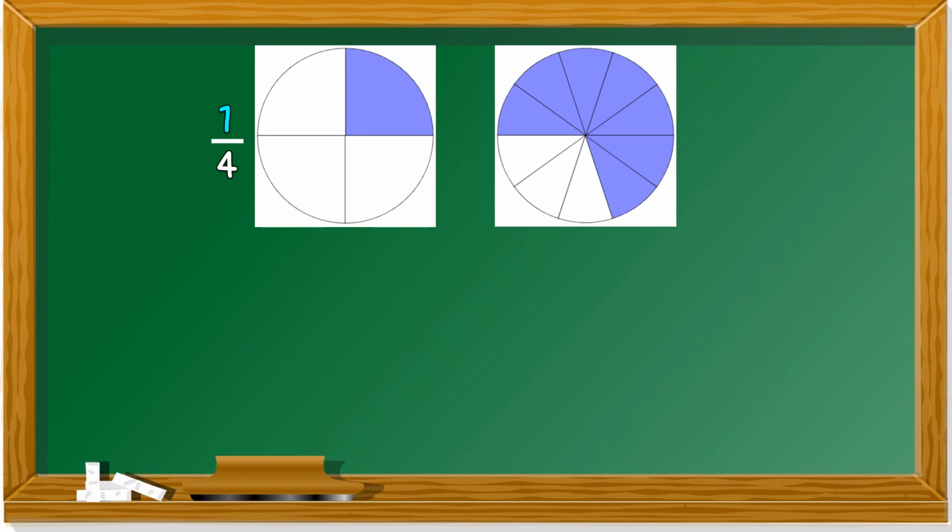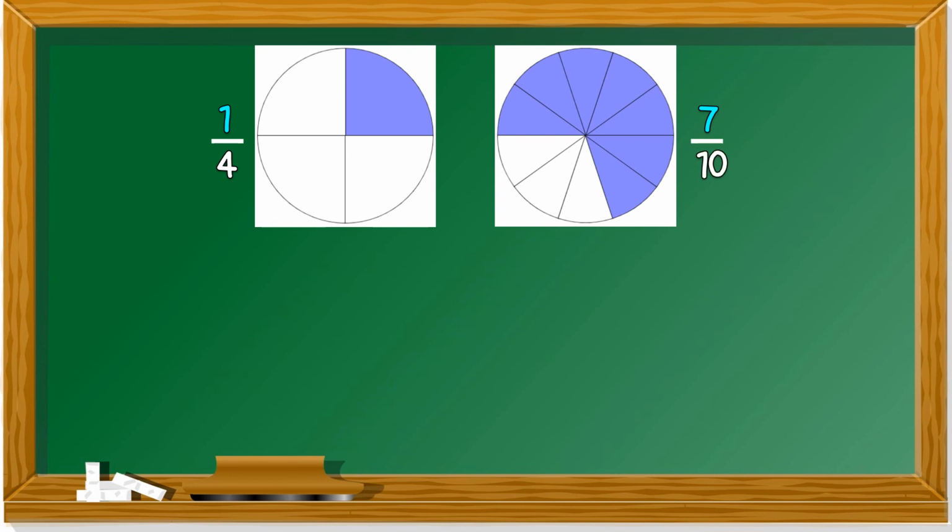There are 10 parts. So, how many are shaded or colored? There are 7. So, it's 7 over 10.